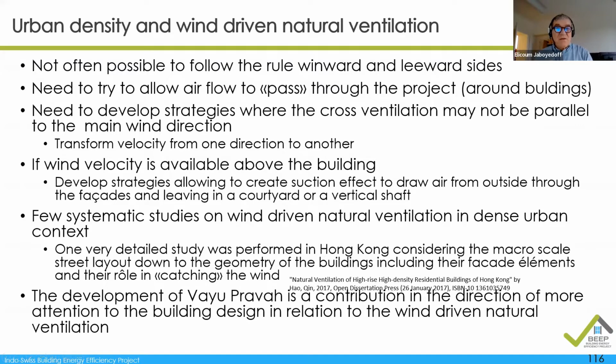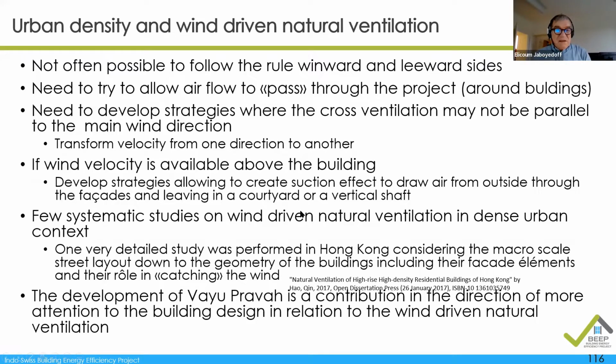There is a need to allow airflow to pass through projects and around buildings, more than can happen if the buildings are not placed properly. So we need to think that cross ventilation may also be driven by wind passing along the long facades and not directly hitting them. And if wind velocity is also available above the buildings, one can develop strategies to create a suction effect.